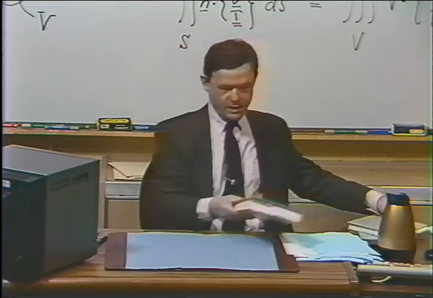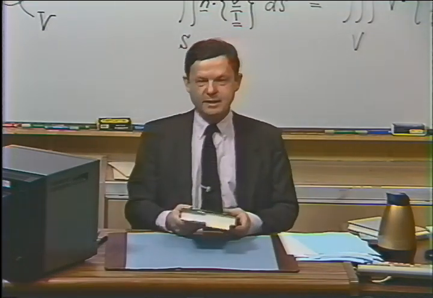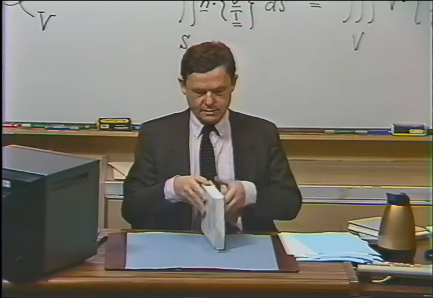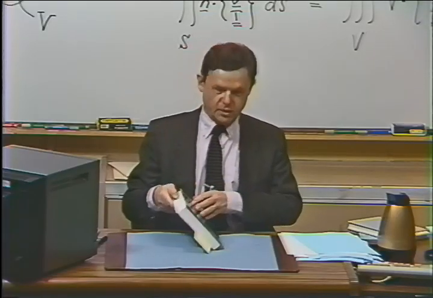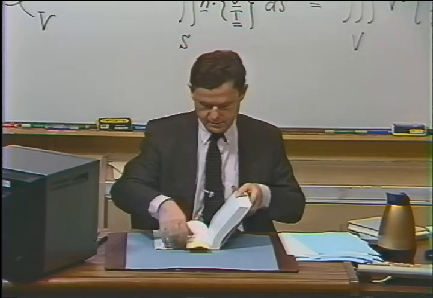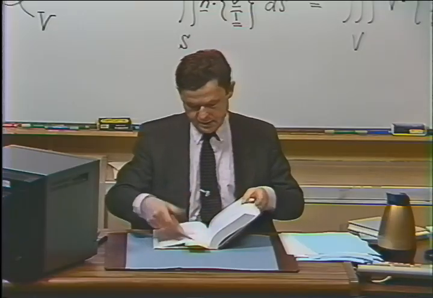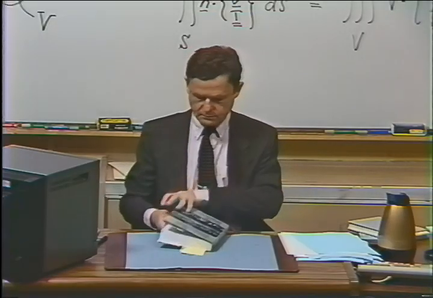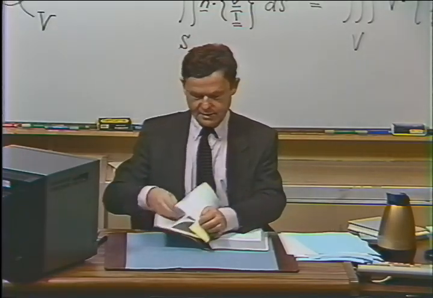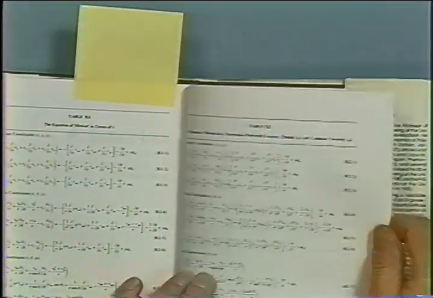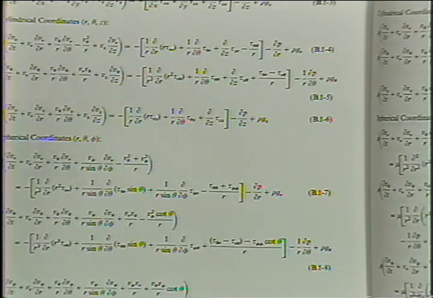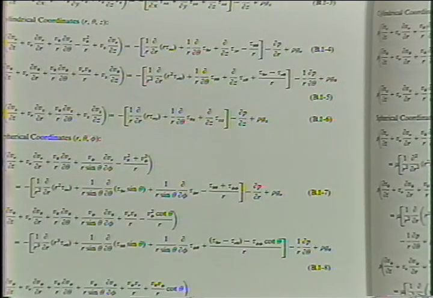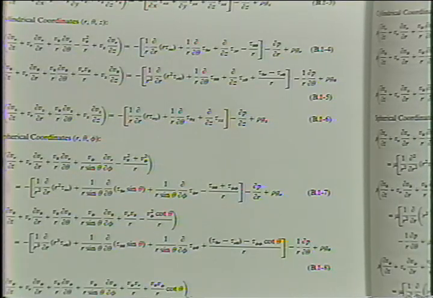And I brought some books here which you could use. For instance, here Bird, Armstrong, and Hassager, very much in the back here, has the tabulated form of the stress equation of motion. Here you have all the components in rectangular, in cylindrical, in spherical coordinates. And then you don't have to grind through the details.